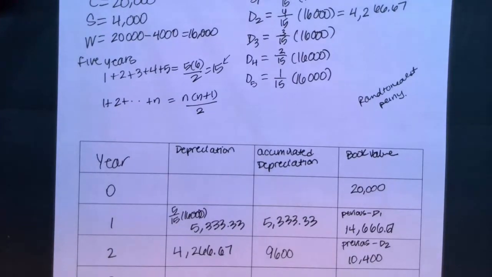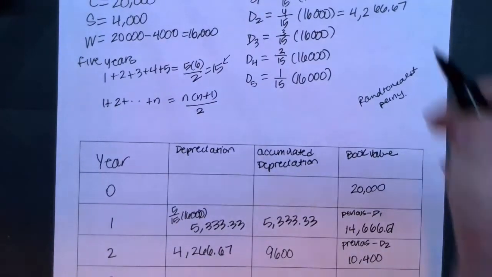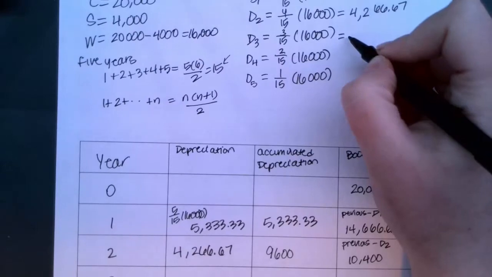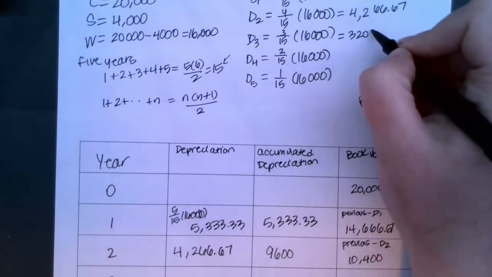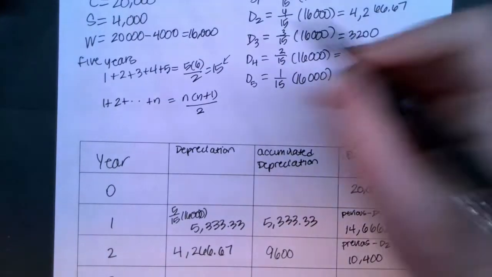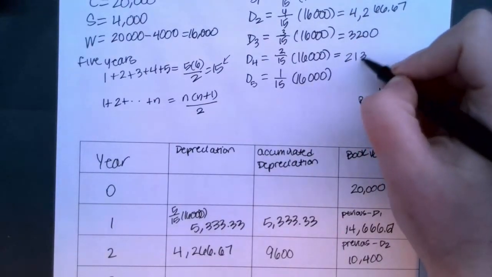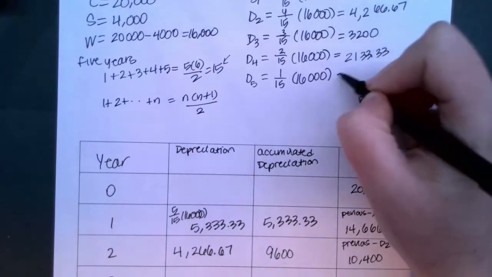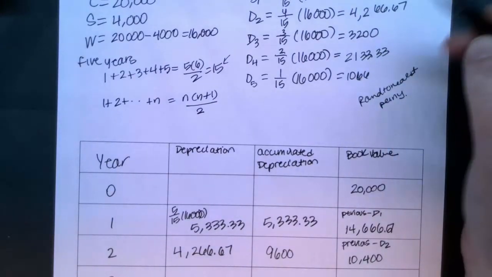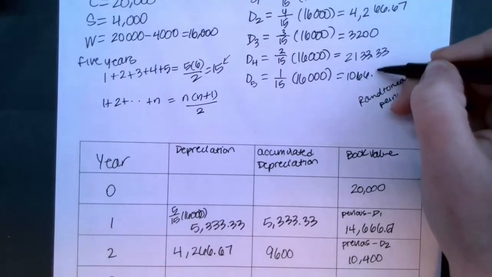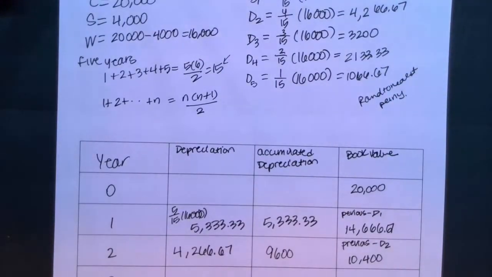So for your next 3 depreciations, when you do those in your calculator on your own, you should get 3,200, which was the same as what we got for straight line, and then 2,133 and 33 cents, and $1,066.67. So now go ahead and take these D values and try to fill out the rest of the table, and then pause, and when you're ready, go ahead and unpause, and I'll run through the rest of them.